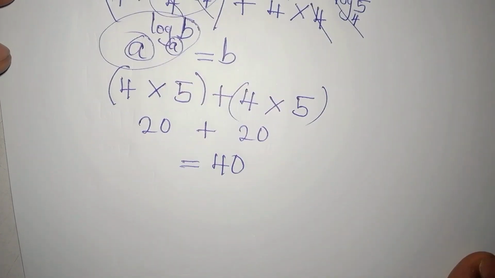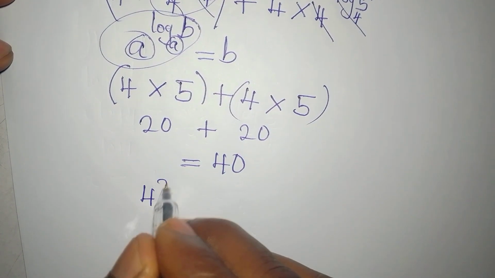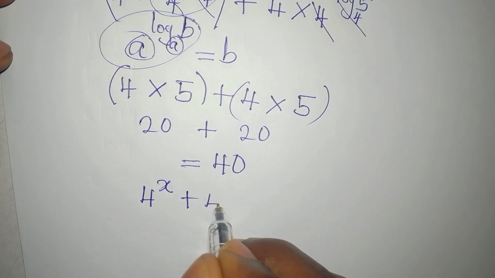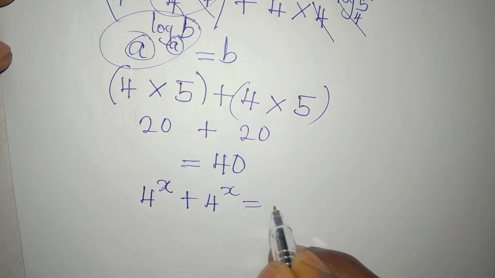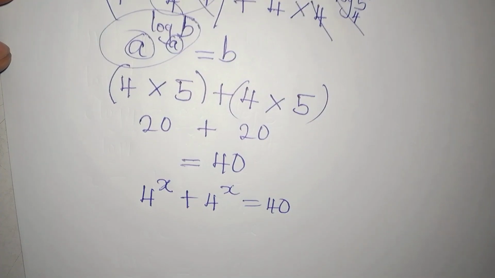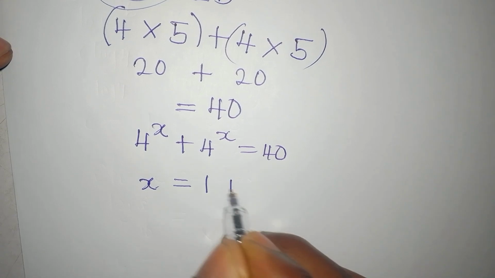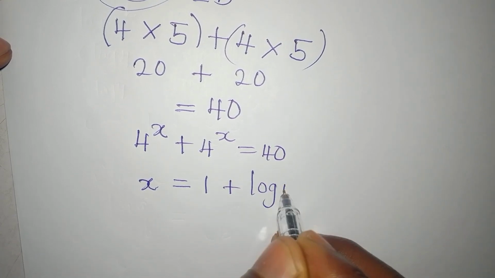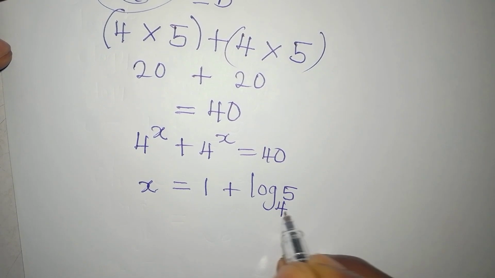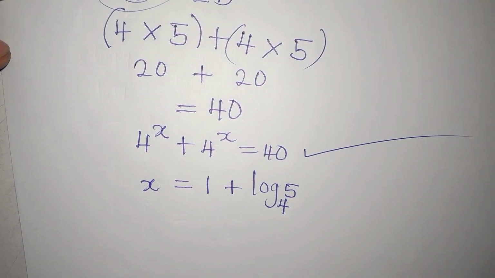In case you have forgotten, the equation is 4 to the power of x plus 4 to the power of x equals 40. So this means that the value of x, which is equal to 1 plus log 5 to base 4, satisfies this very equation.